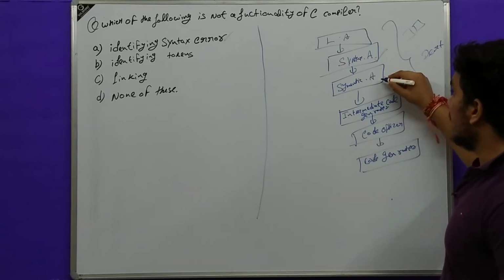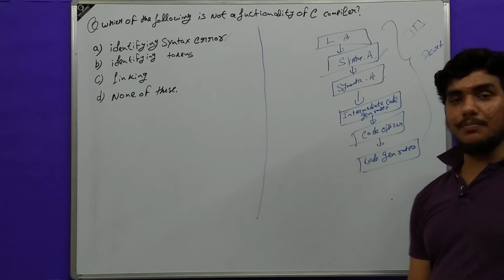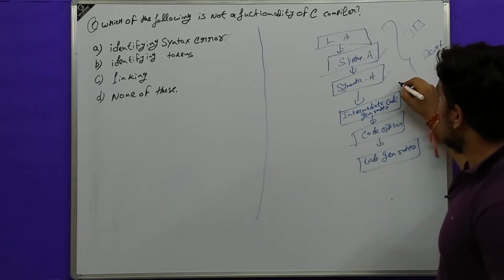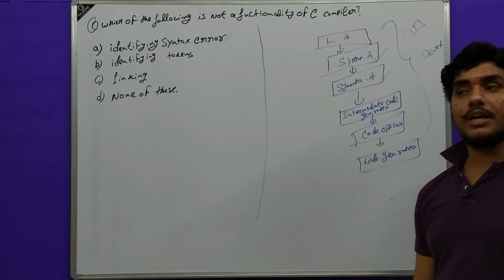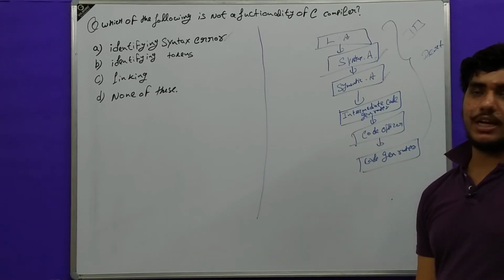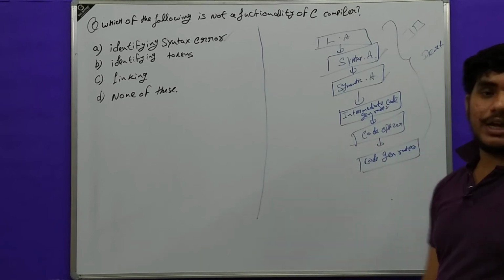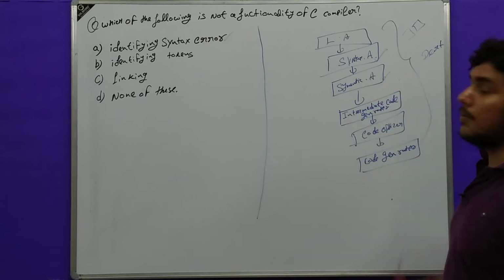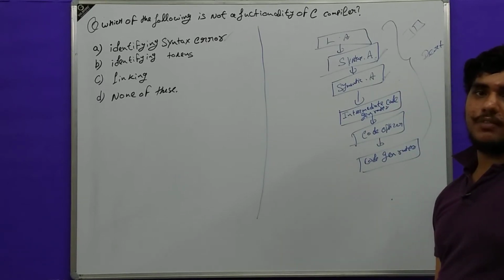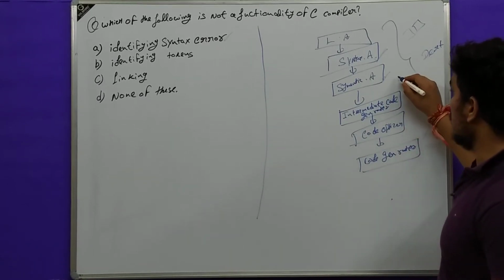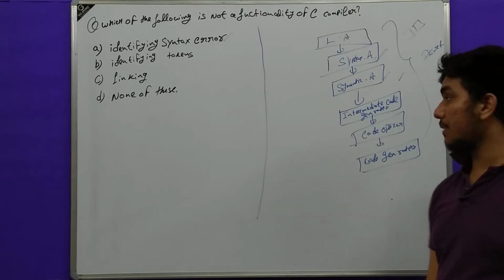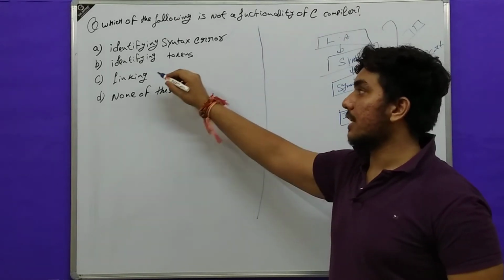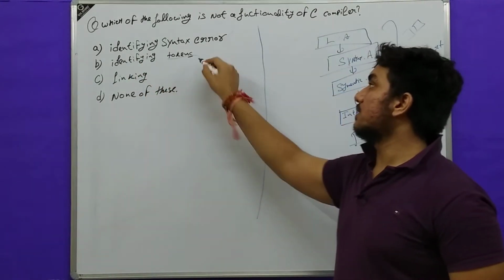And after that, semantics can be checked by the semantic analyzer, like you are using a variable without creating or initiating it, or you are initiating two variables with the same name, that is multiple variable allocation. After that, take the second option, identify tokens.